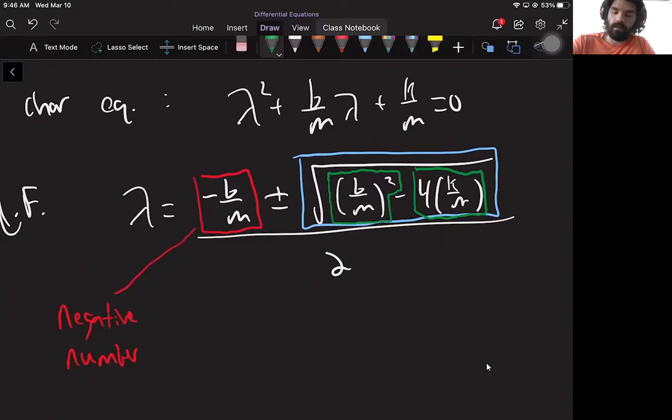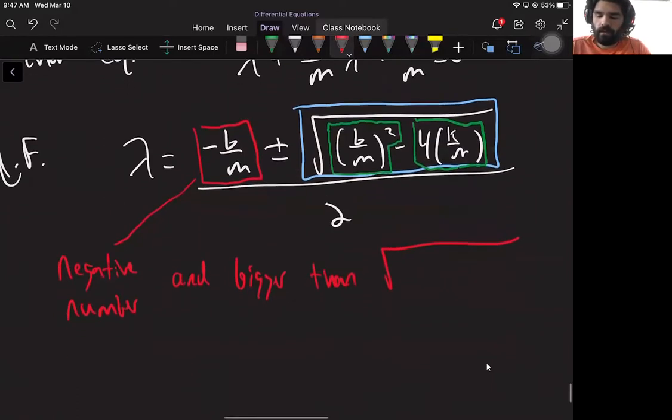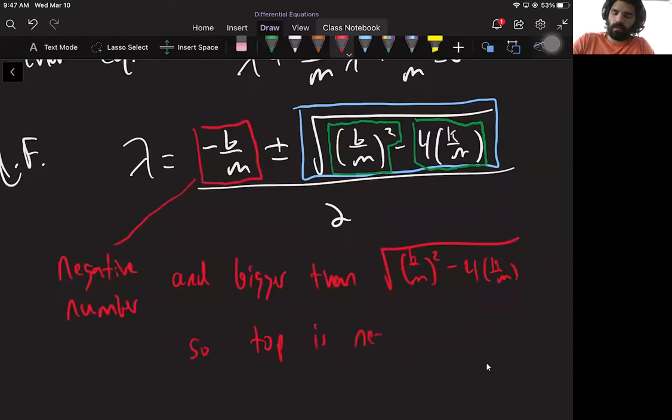That's the idea anyway. And this is bigger than this thing. So the whole top is negative no matter what. Just to keep that in mind.